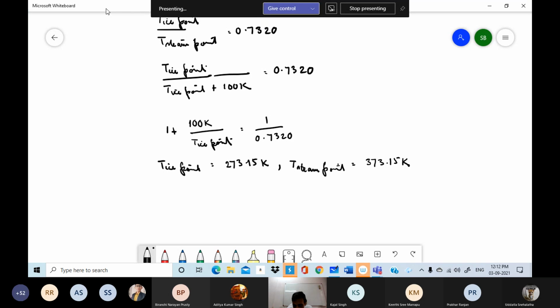So if an exam starts at 9 o'clock, that is how exams used to be held, the question papers used to be distributed 5 minutes early, so that by 9 everybody gets a question paper.